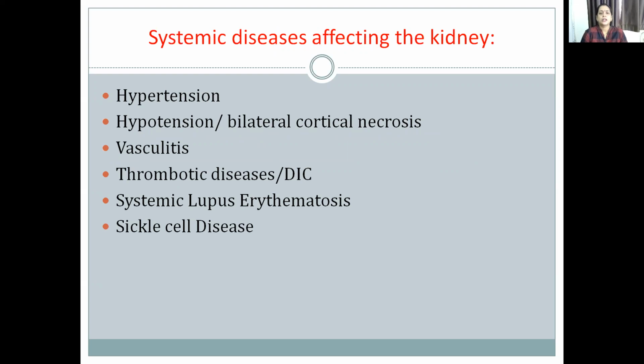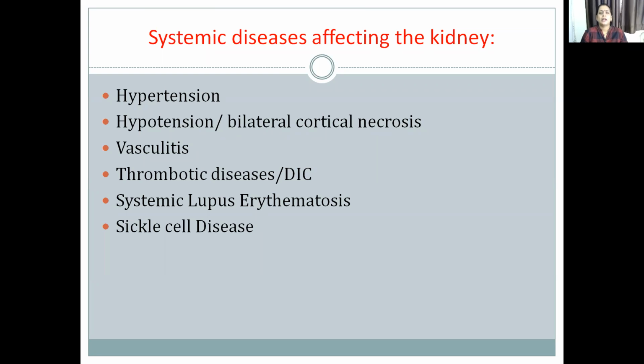Nephrosclerosis is the pathological term used to describe the sclerotic lesions that happen as a result of vascular injury. Bilateral cortical necrosis, when it is diffuse, can be seen in obstetric emergencies leading to fibrin clots, usually seen in the cortex.